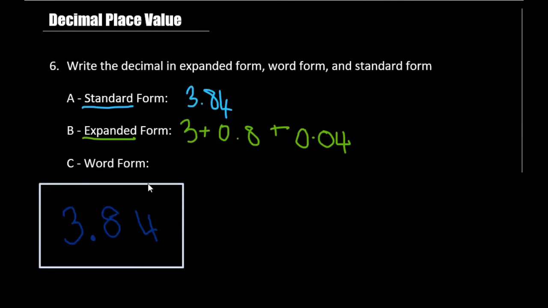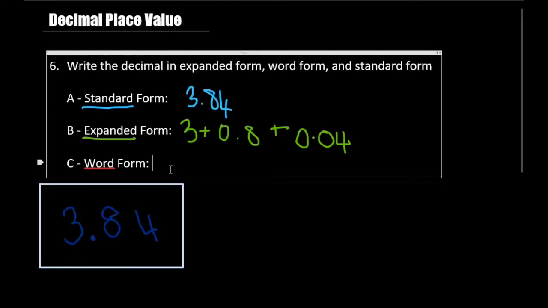So now the question is asking us to write it in word form. So we have 3. So I'm just going to type it because it's easier. So we have 3.